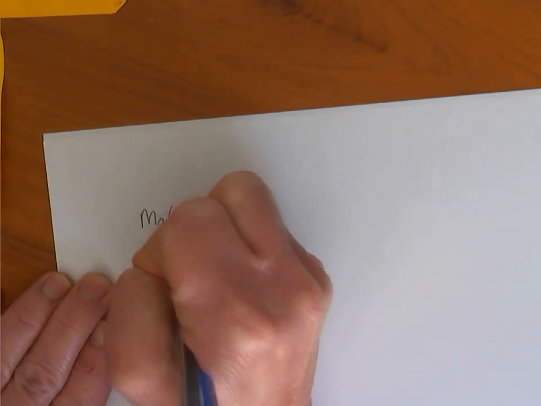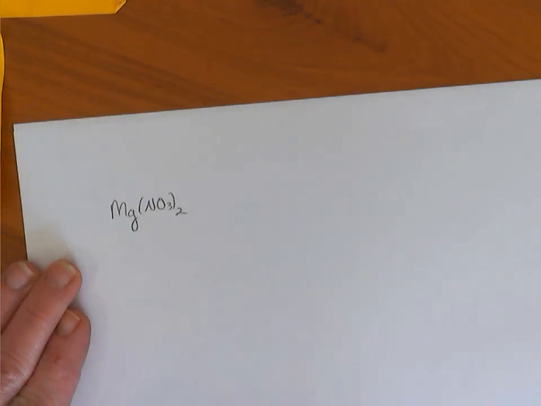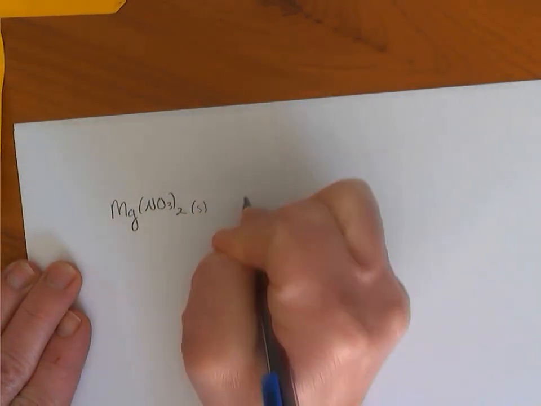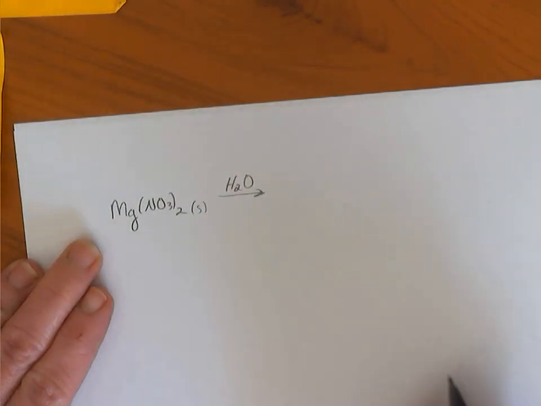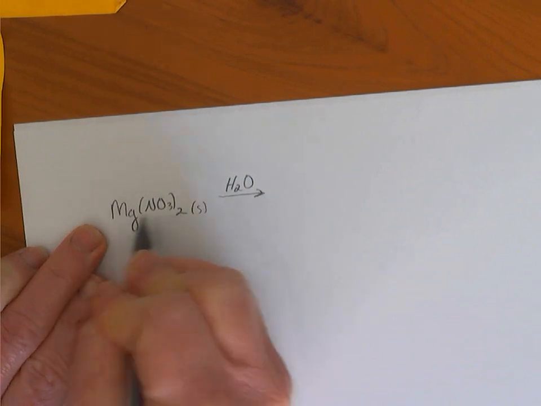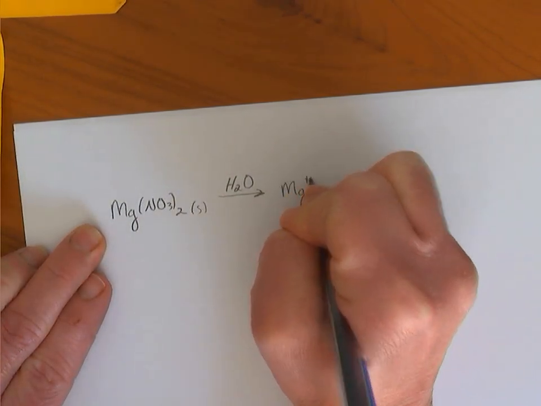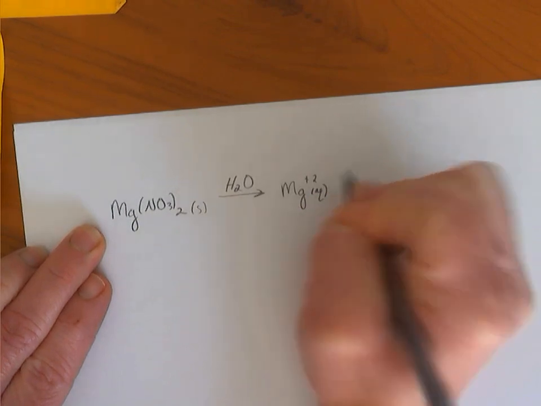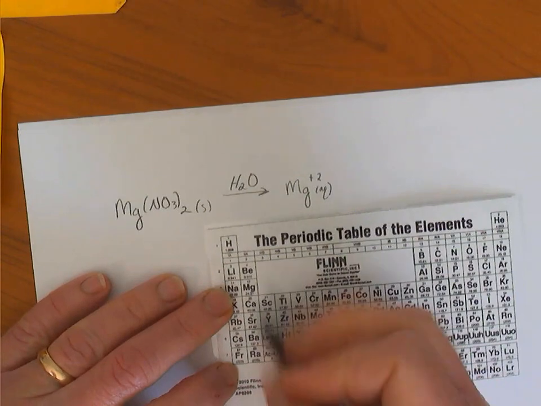So let's take magnesium nitrate. It is ionic. In the presence of water, it will dissociate. For every one of these, I get one magnesium, a +2 cation. Remember the labeling of charges.